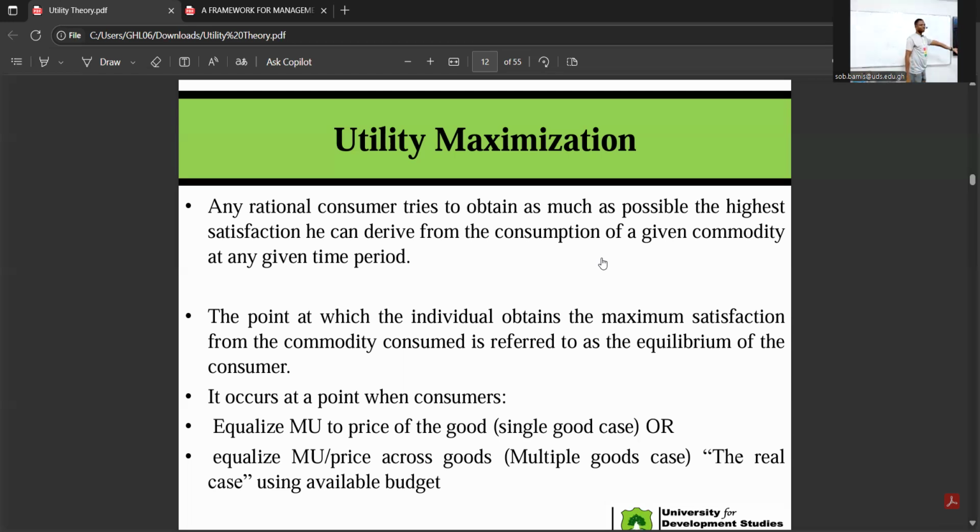As he buys more, because of the law of diminishing marginal utility, his marginal utility will begin to fall, from 8 to 6 to 5, all the way to 4. The equilibrium will be restored, and marginal utility equals price at 4. So this is the case of a single commodity.